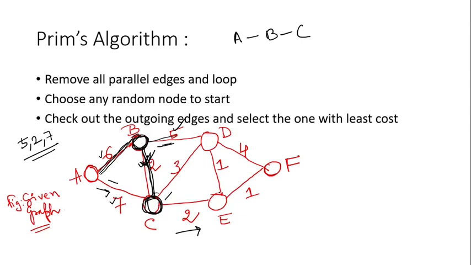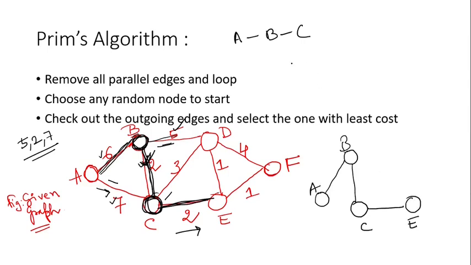CE is the minimum. So you can make a bold line here, CE. Now our path, the spanning tree, is becoming like this: this is A, this is B, this is C, and this is E.